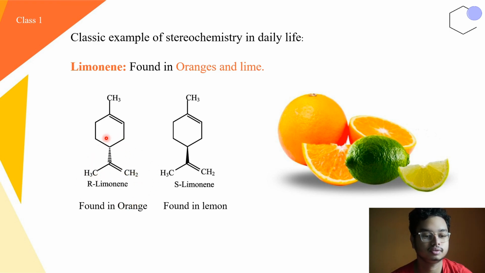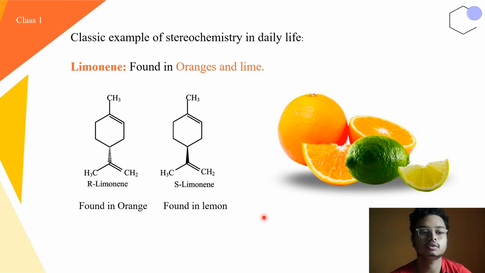Just because of this orientational change, the physical properties are drastically different. In orange you find a sweet smell and orange color, but in lemon it is a greenish yellow color with a little bit of sour taste.